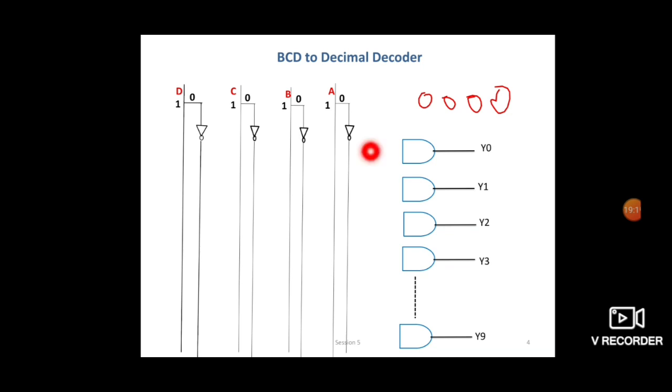So we get 0 at this output, means Y0 is equal to 0.